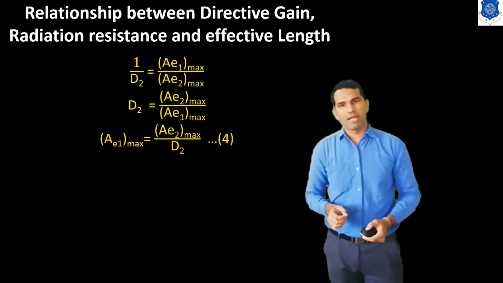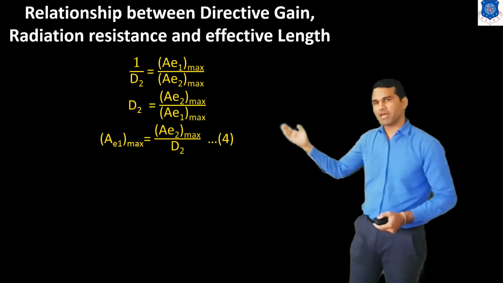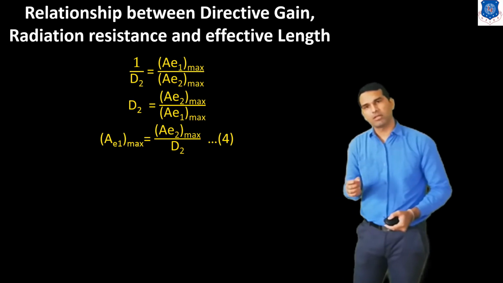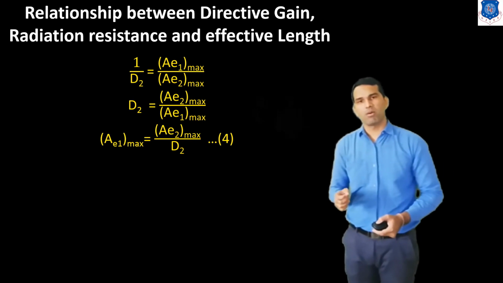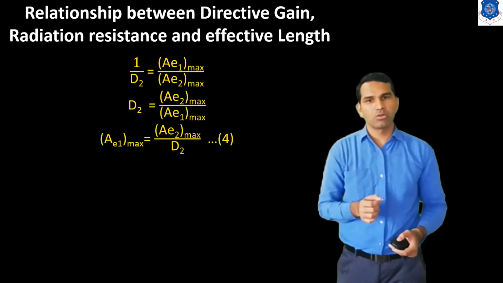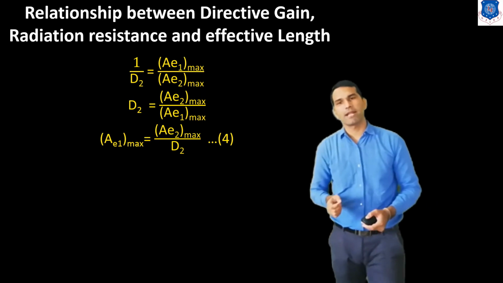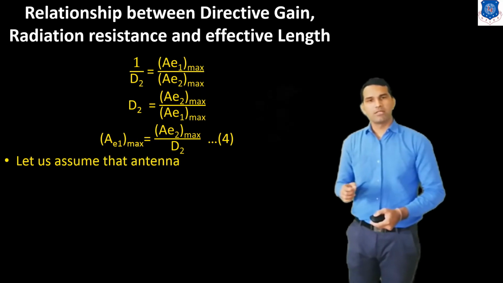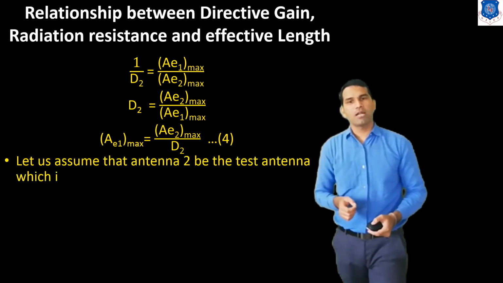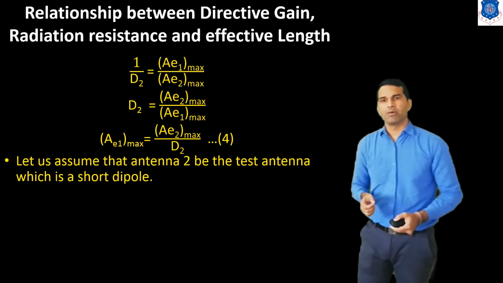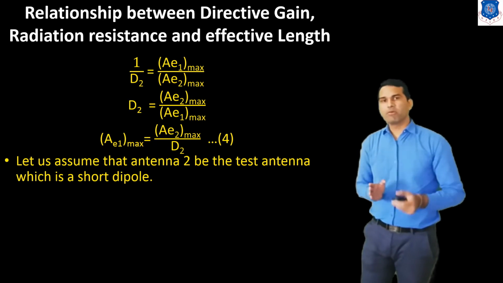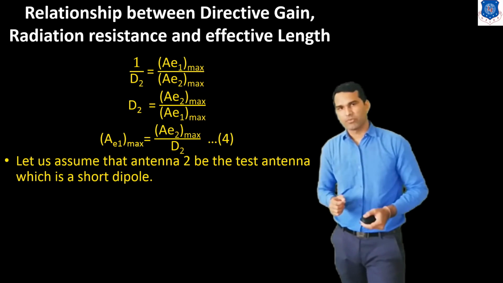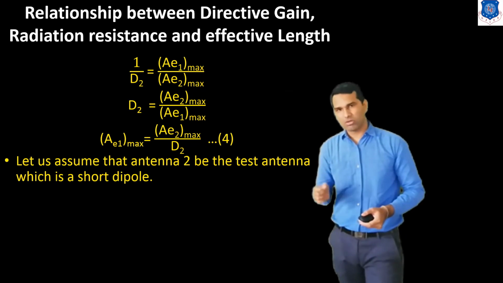And we can also write this equation as AE1 maximum, that means the effective aperture of antenna 1, is equal to AE2 maximum, the effective aperture of antenna 2, upon D2, that means the directivity of the second antenna. Now we assume that antenna 2 is the test antenna, which is a short dipole, and antenna 1 is an isotropic antenna.